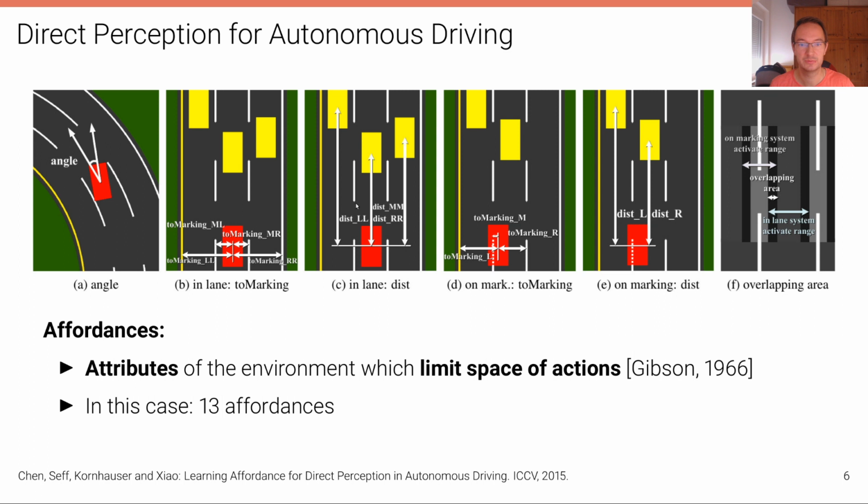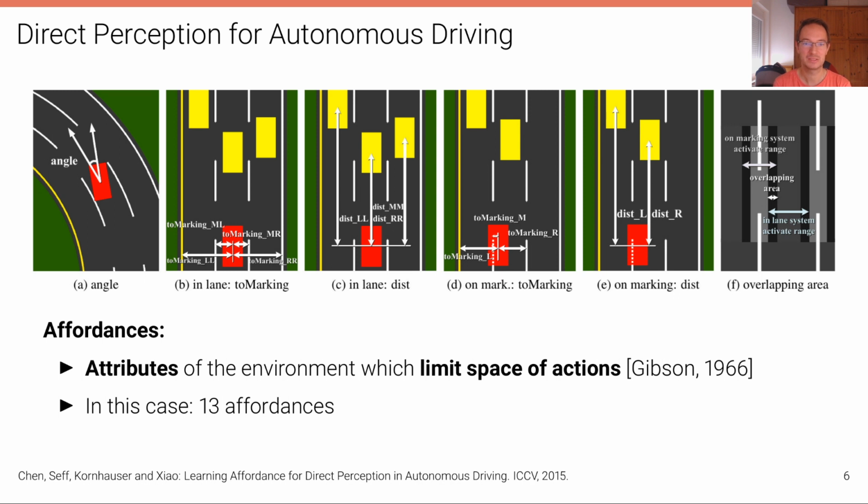And similarly to before, it measures the distance to the preceding vehicle in the left lane and the preceding vehicle in the right lane, the lanes that are adjacent to the lane marking. These are vehicles driving on the lanes adjacent to the lane marking that the ego vehicle in red is on.